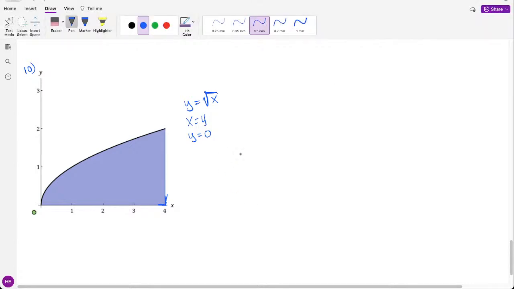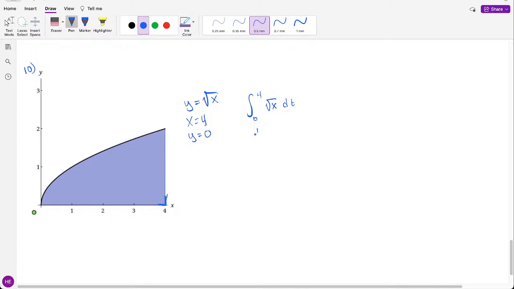Okay, well, we know area is the integral, and this is going to be from 0 to 4, and it's of square root of x with respect to t or whatever. Maybe it's with respect to x. I don't know. So I guess we could find the antiderivative.